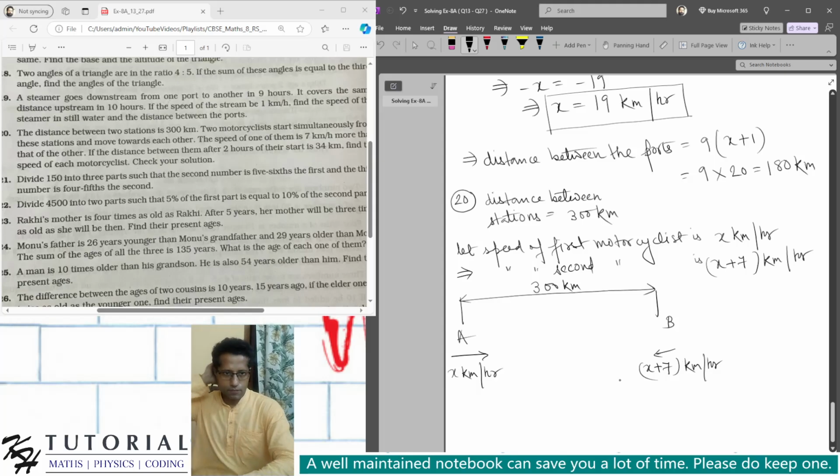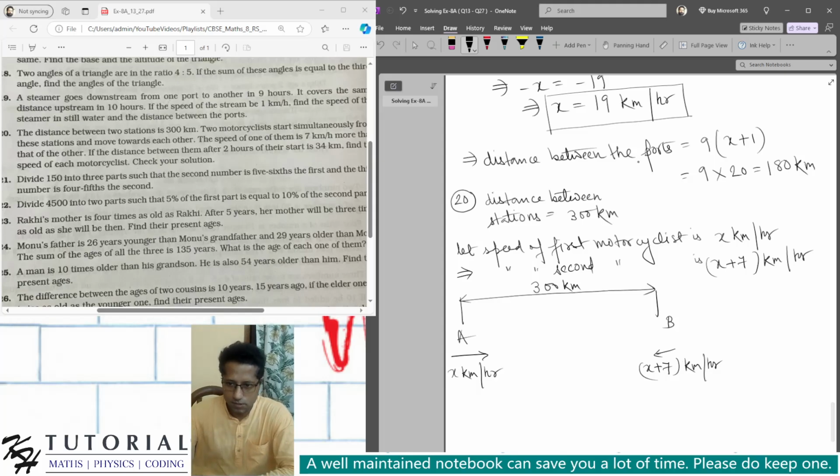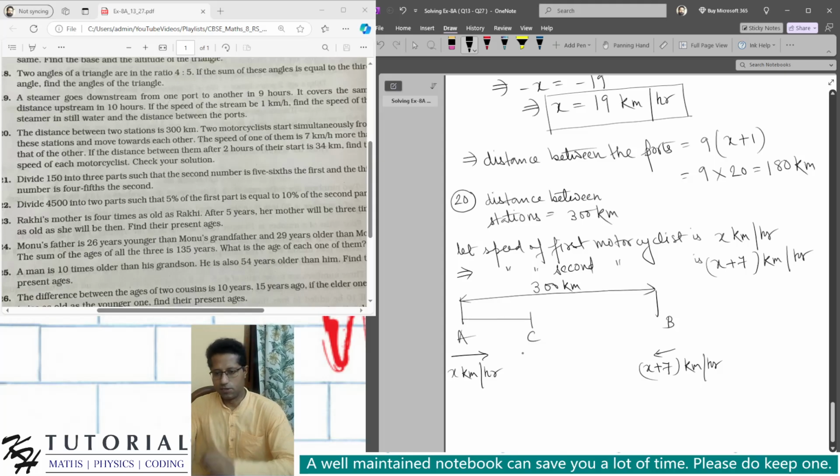So definitely after 2 hours, the motorcyclist who is moving from A will cover less distance because it is moving at a lesser speed. So let's say after 2 hours, the motorcyclist moving from A has reached the point C, covering a distance AC.